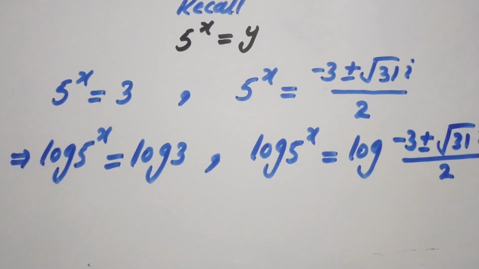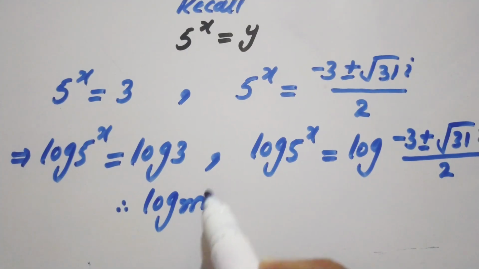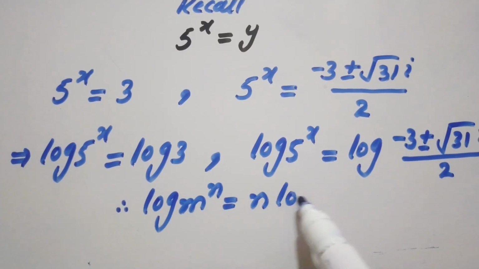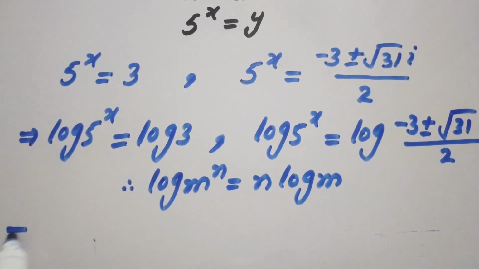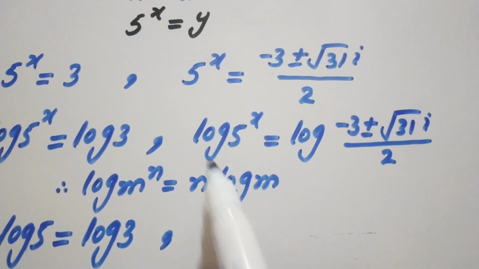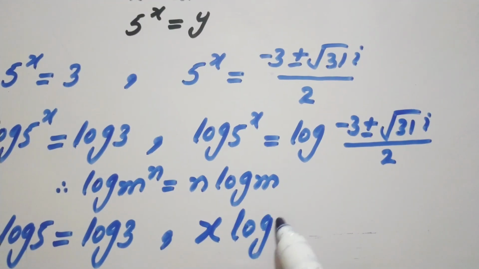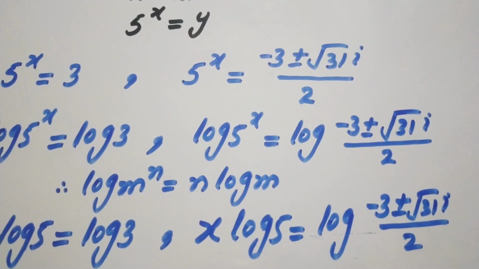Using a logarithmic property, that log of m to the power n is equal to n log of m, the above equation will become x log of 5 is equal to log of 3, and the second equation will become x log of 5 is equal to log of minus 3 plus minus square root 31 i divided by 2.